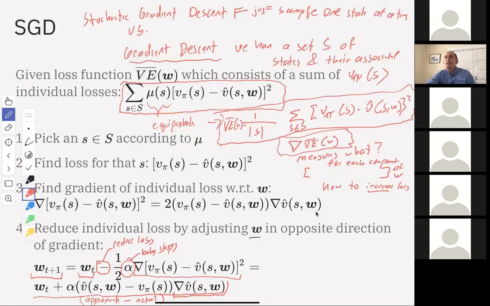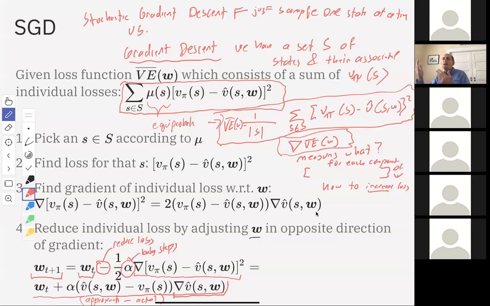So instead of looking at the totality of all of the states and all of their errors and going in a direction that reduces all the errors, instead we say, let's pick one state and reduce its error, okay? And then let's pick another state and reduce its error, another state and reduce its error, and keep going over all the states that we have, and then do it again and again.